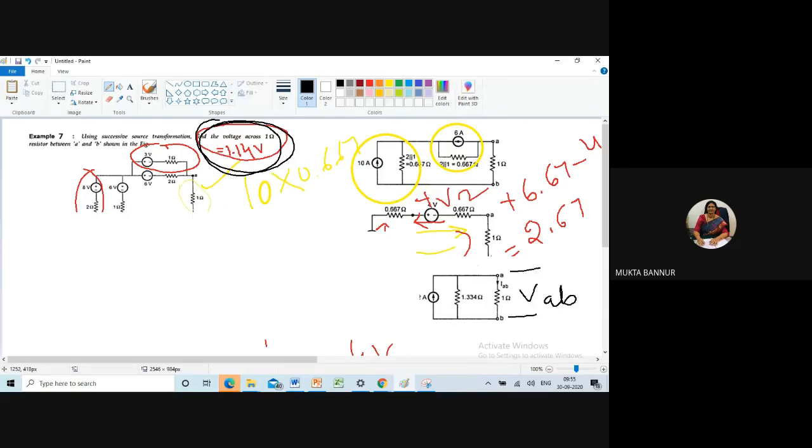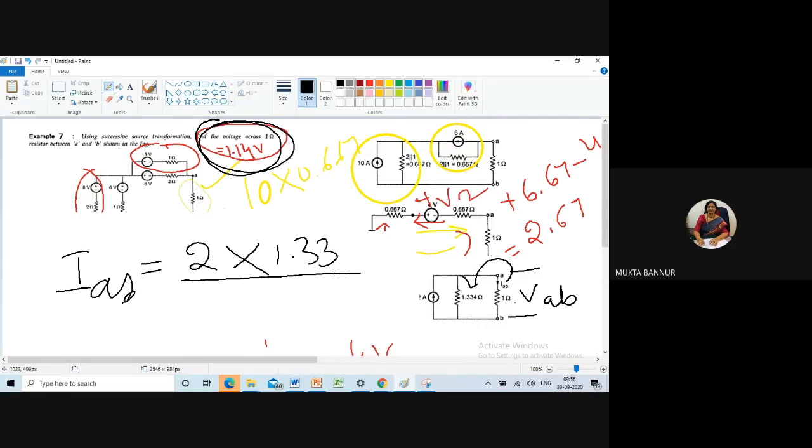Now I am using the current division rule. To get the voltage across the 1 ohm resistor, I need to evaluate the current IAB. IAB equals source current 2 into the resistance from the opposite branch, that is 1.33, divided by the summation of these two resistors, 1.33 plus 1.